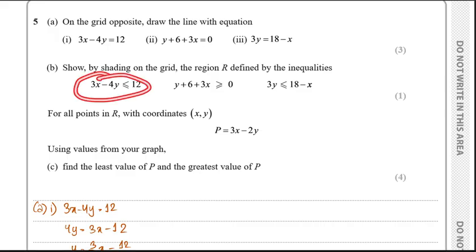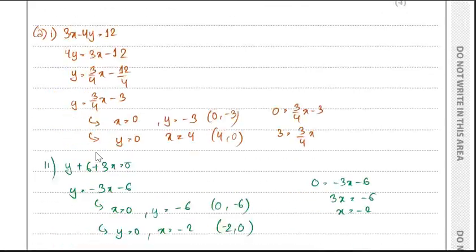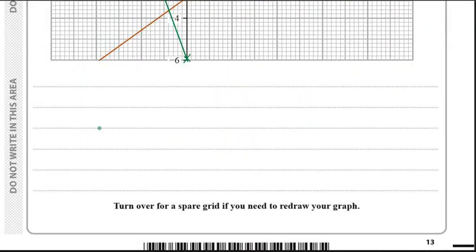There is a problem here. We can't just simply use this and show this because the coefficient of y here is negative. So we have to make it positive, and negative values actually cause a problem to the inequality sign. So for part 1 here, the equation given is 3x minus 4y is less than or equal to 12, right?